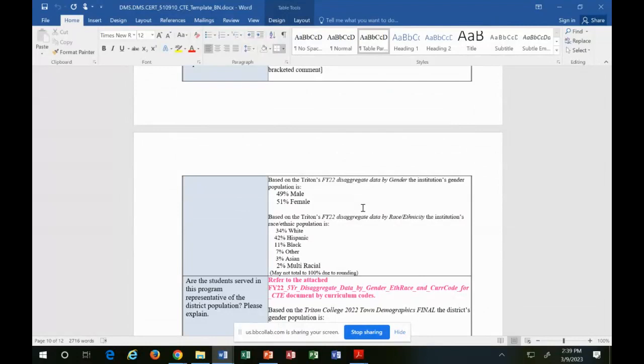Then you are going to see it really doesn't represent even the institution, because at the institution we are kind of in the 50-50, so around there. Neither does it represent the community, because if you go into the community, you are going to see that is not the range.